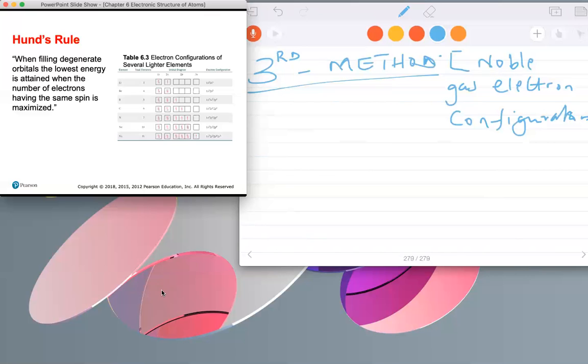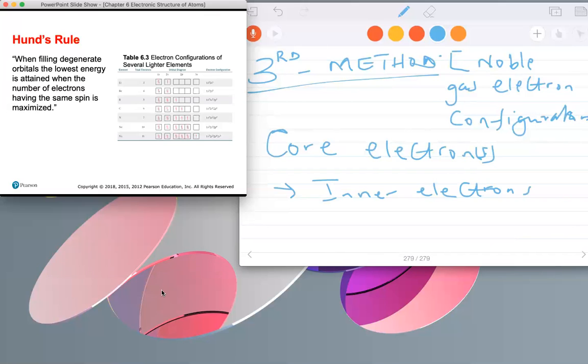I'll come back to that later on, but let's just understand noble gas electron configuration. We use group 8 to indicate what we call core electrons, or the inner electrons, in the electron configuration of an element.